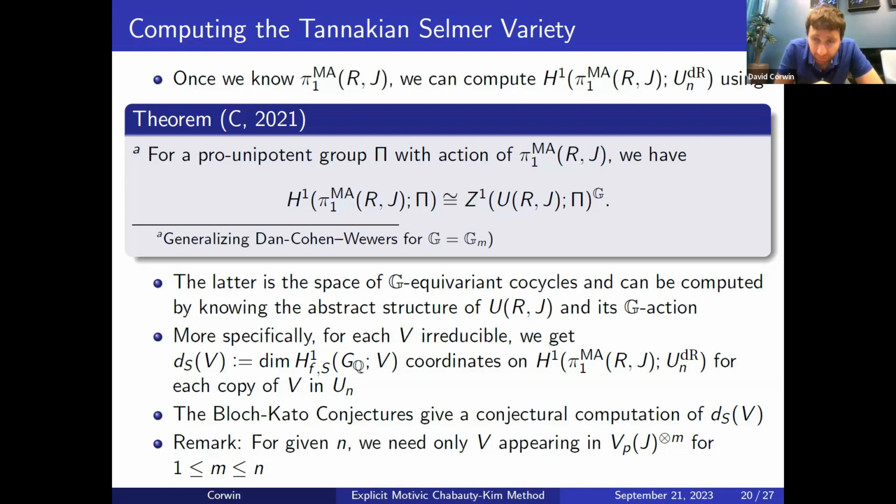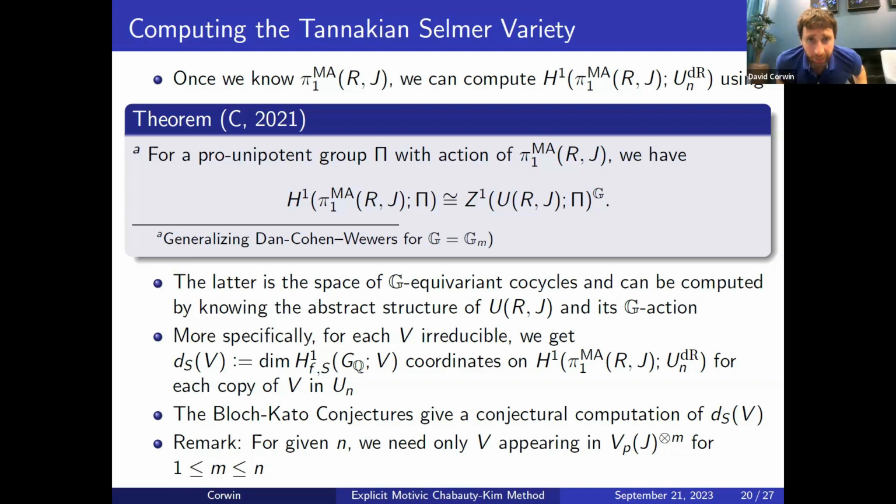Note that this is using the fact that G is reductive. So G is reductive, in some sense it has trivial cohomology, and because of this, we get this result. This was already a lemma in Dan-Cohen and Wewers for G equals G_m, and then I extended it to a general reductive G.